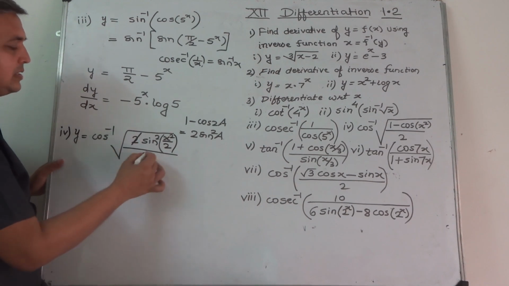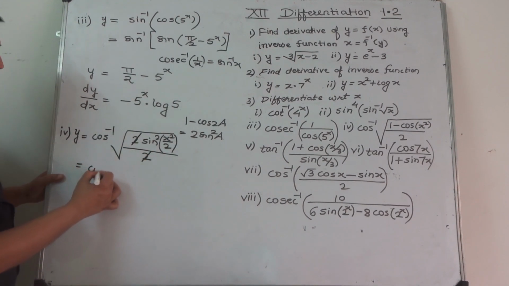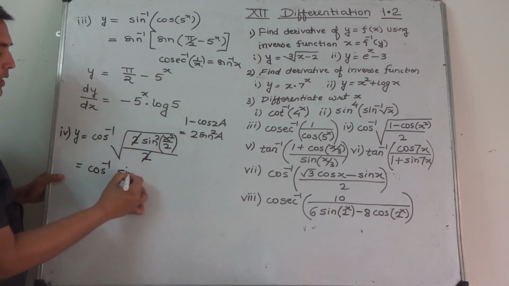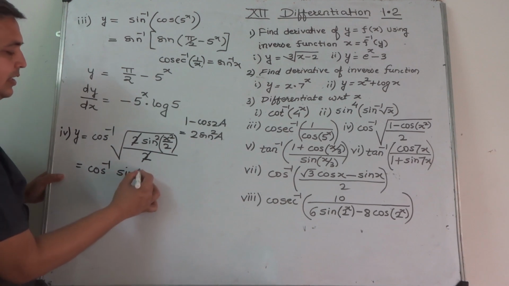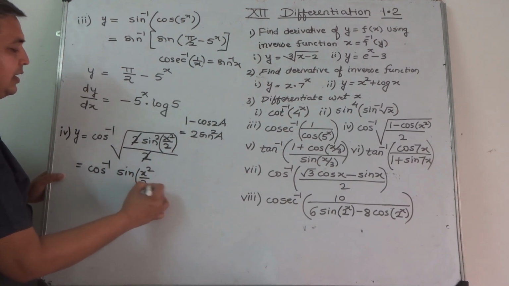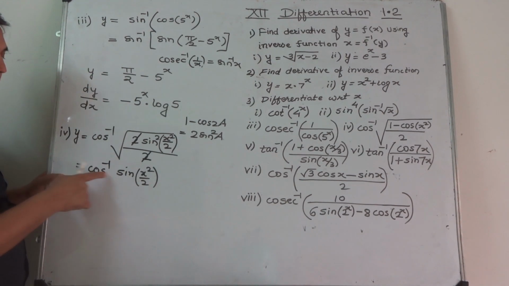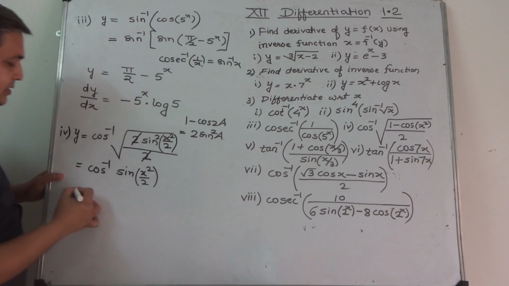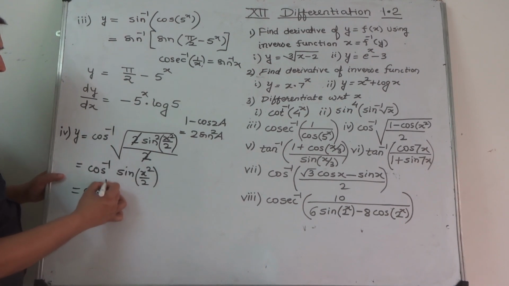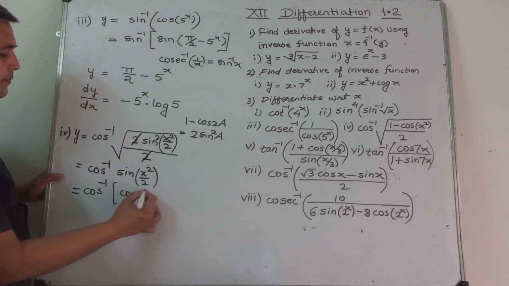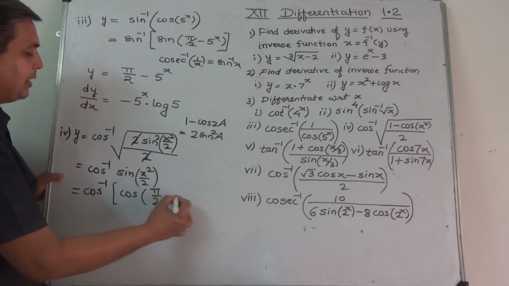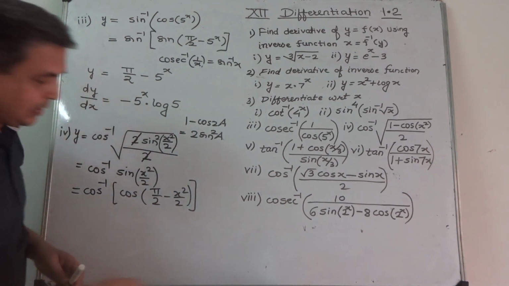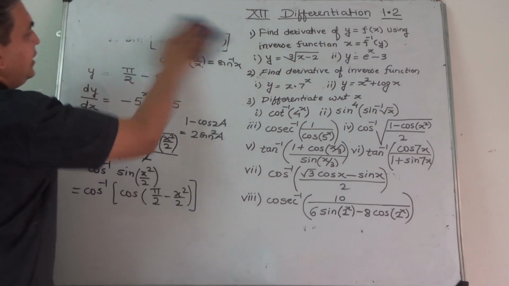So this 2 gets cancelled and we get cos inverse of. Now square and root will get cancelled. So we get sine of x square upon 2. Now this is cos inverse, this is sine. So we can convert this sine into cos as cos inverse of cos of pi by 2 minus x square by 2. Is this clear?